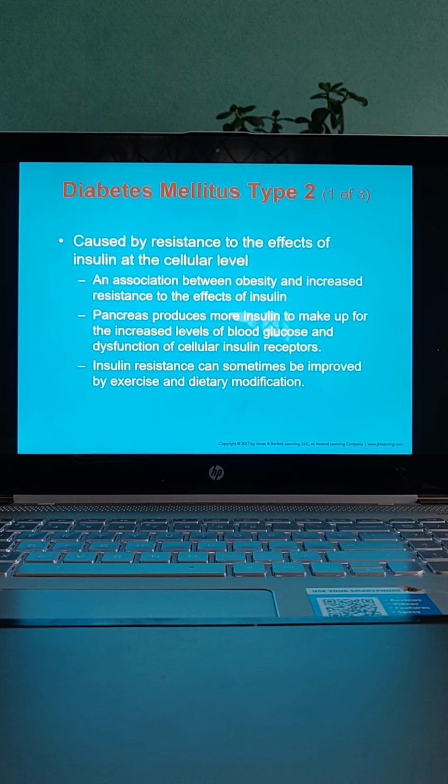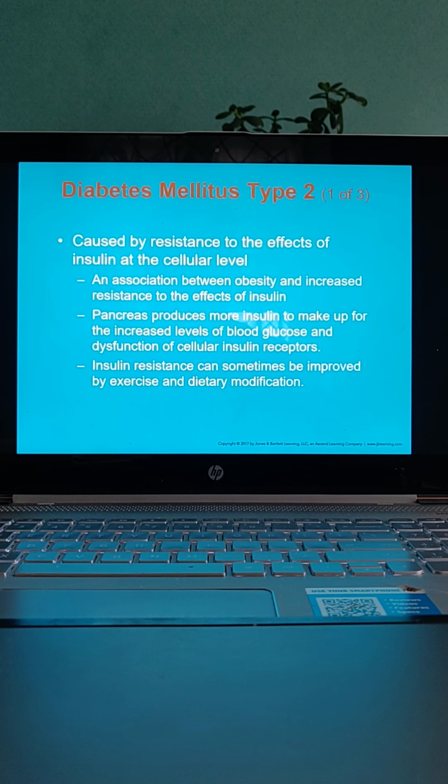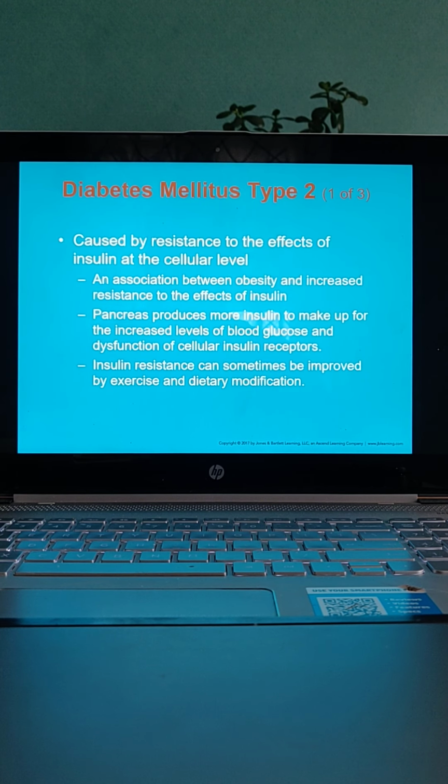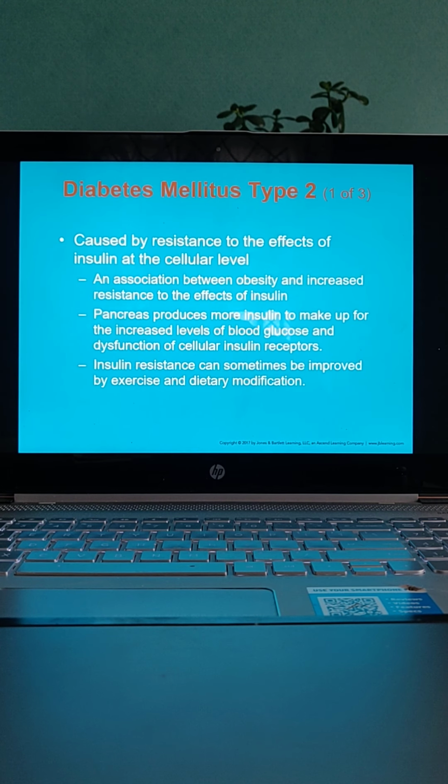Diabetes is a disease. It's a medical condition that messes with your entire body. It messes with every cell, every organ, every tissue in your body from your head down to your toes. If you have a heart attack, that's affecting your heart. If you're having a stroke, that's affecting your brain. If you have a broken arm, that's affecting the bone and maybe the tissues around it.